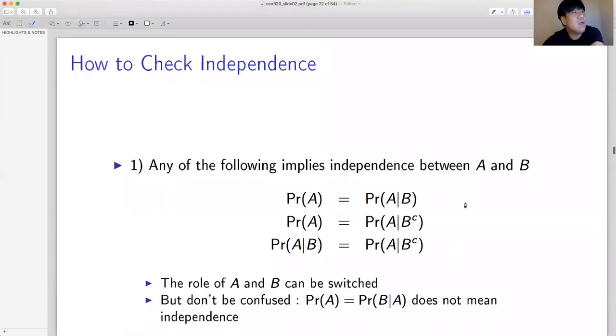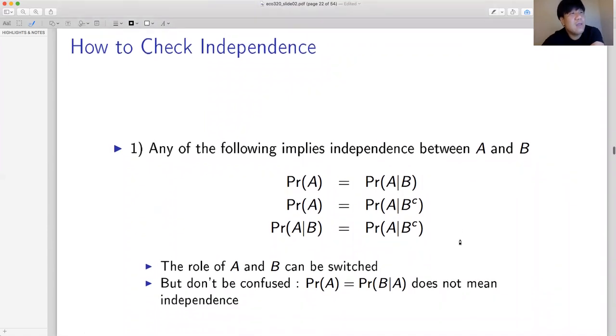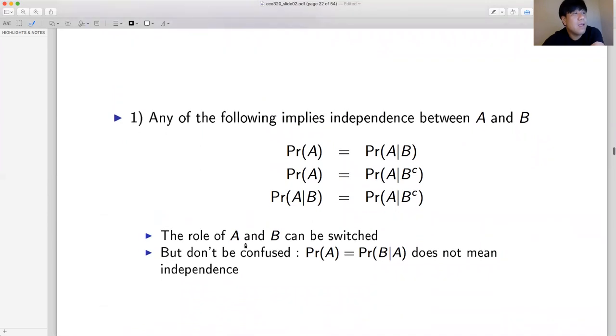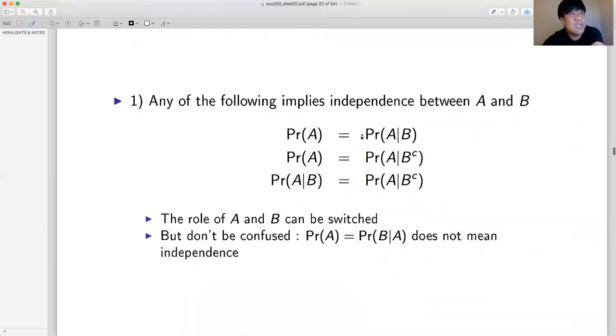So how to check independence? There are at least 3 ways. Actually, there are 3 ways you can think of. So if those are the same, then they are independent. You can change A and B and play around, still the same. For example, previously, the probability of getting a higher salary is equal to the probability of getting a higher salary given they are paying higher tuition.